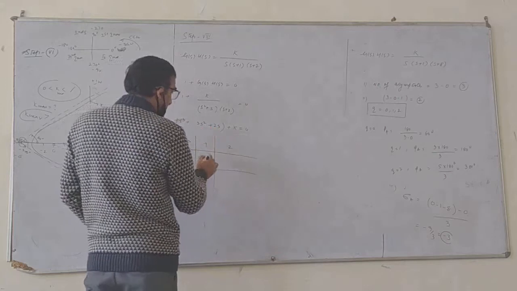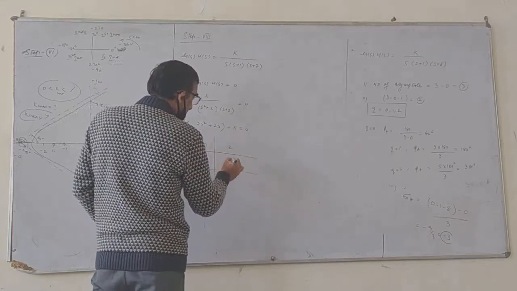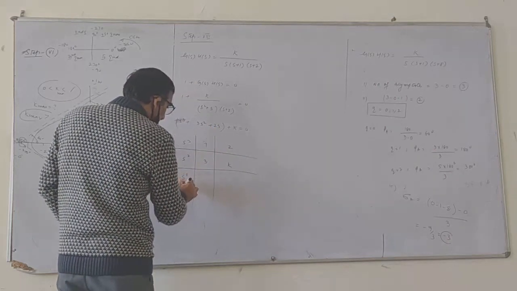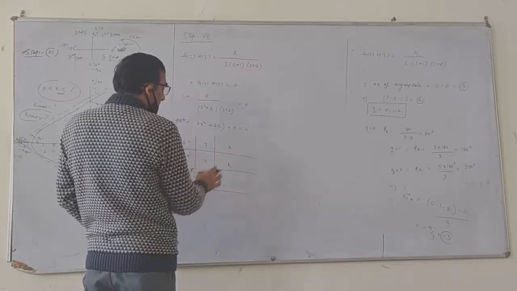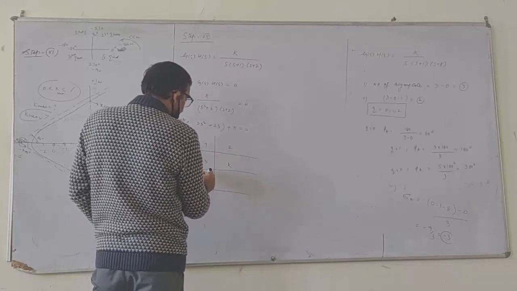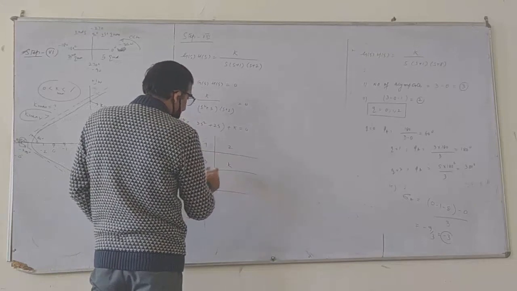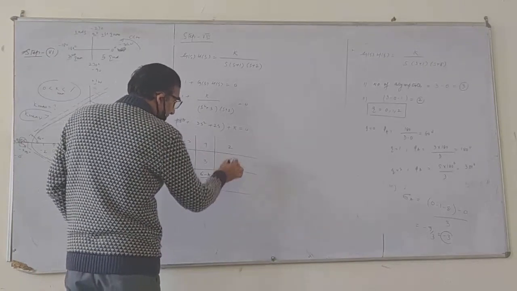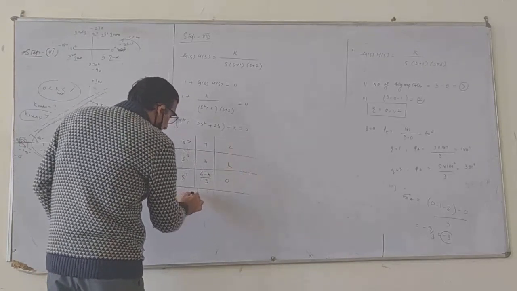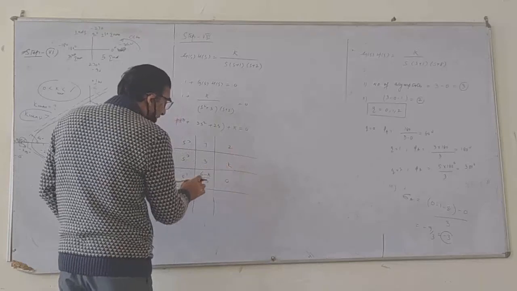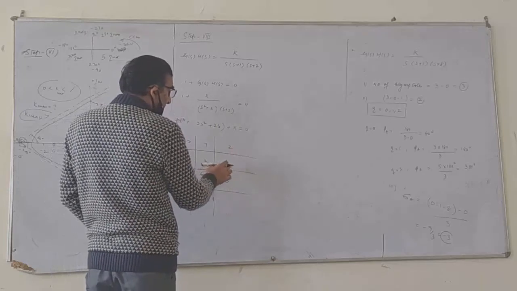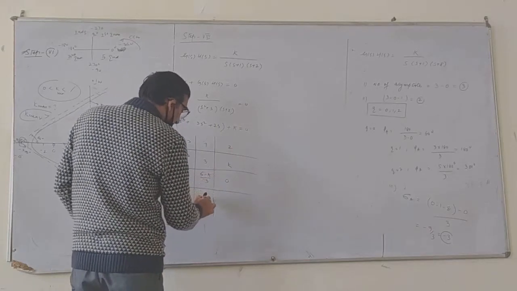For s square, the first term will be 3 and the second term will be K. For s to the 1, this is 6 minus K divided by 3, and then it will be 0 because we don't have anything. For s to the 0, the same thing: copy this multiplied by this, minus 0, divided by this, so K will be copied.